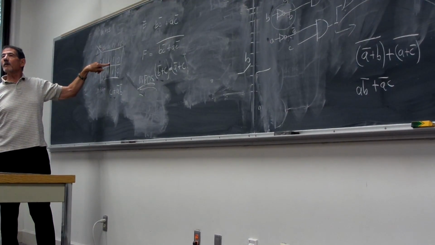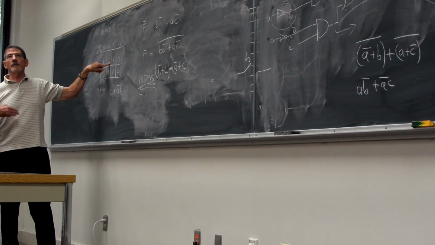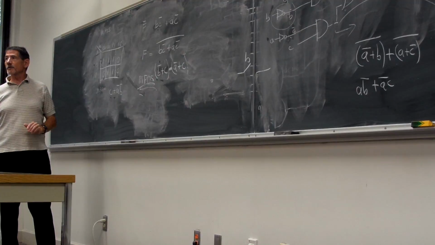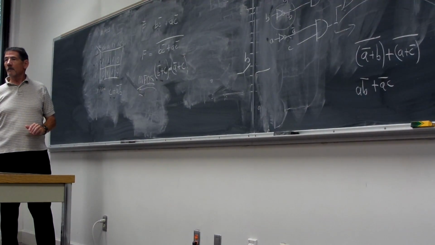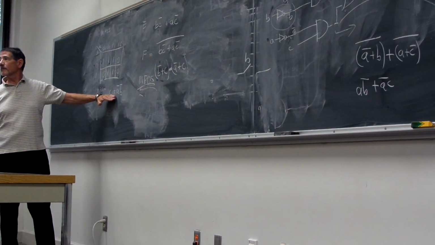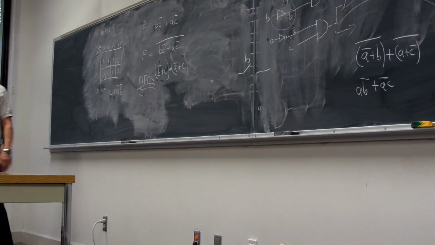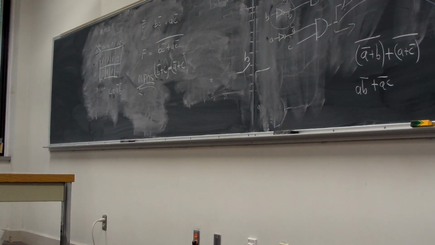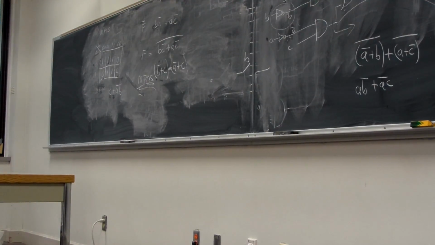Which one looks like it would be the less difficult or the less amount of gates, inputs, etc. to implement? They're exactly the same function. Which one looks better to do? This one right here. But I guarantee, sometimes it may be the opposite. It might be that the product of sums solution is easier to do. Most people don't do that. Just go ahead and implement the sum of products and be done.